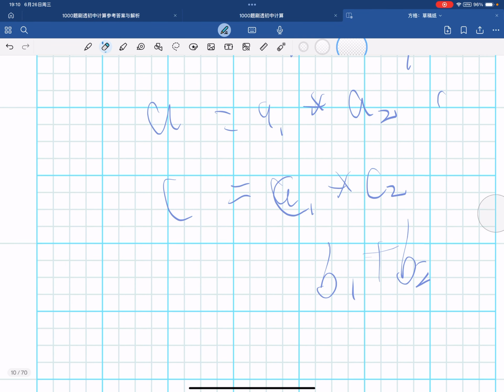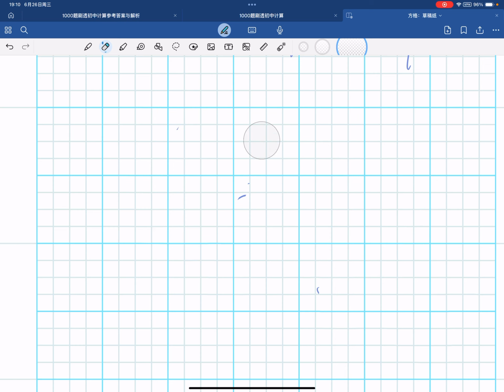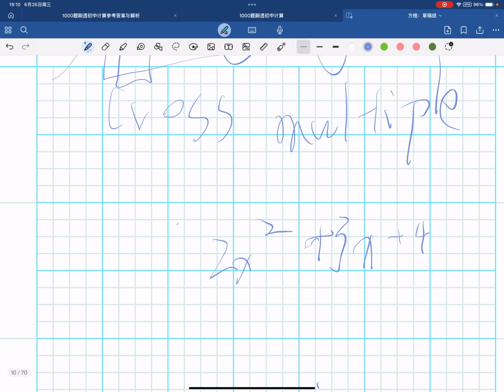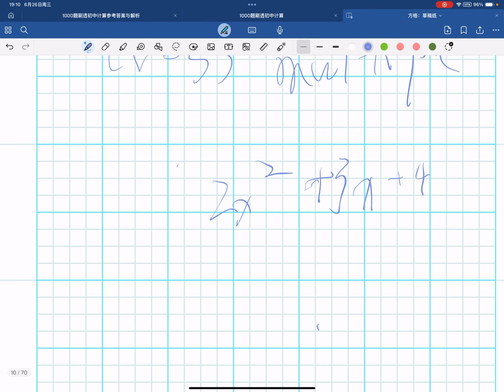For instance, this sequence, similar to this. This is 2x.